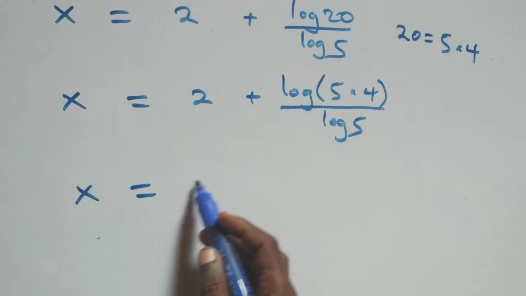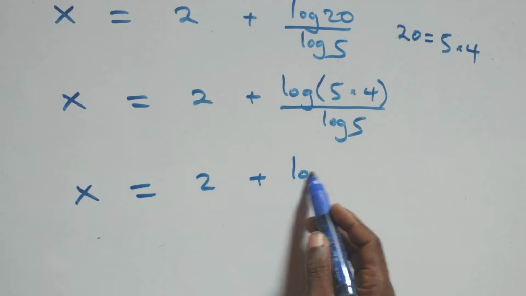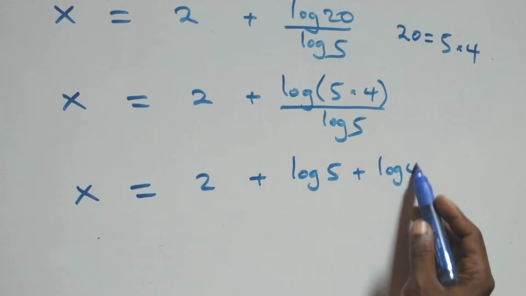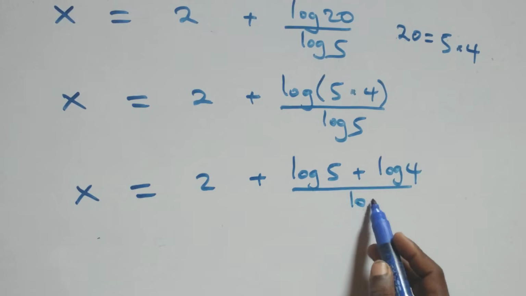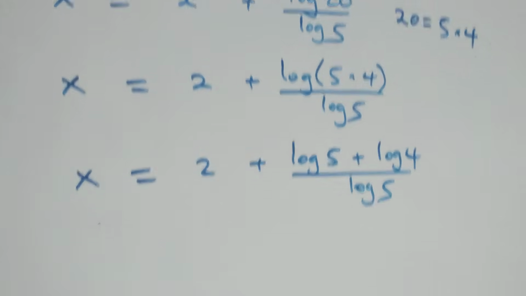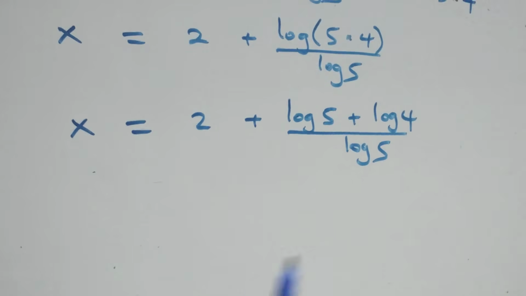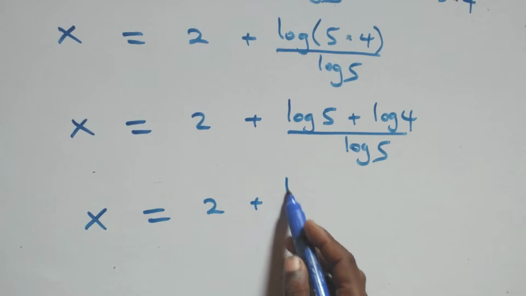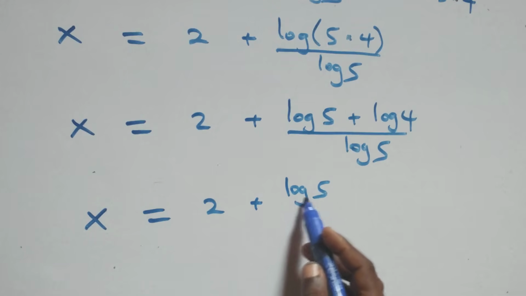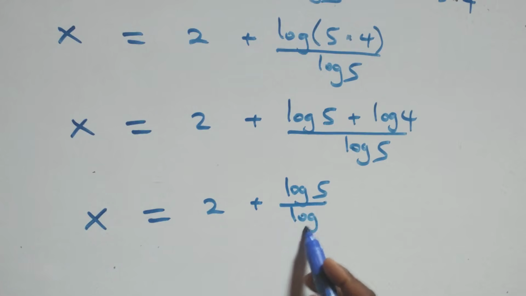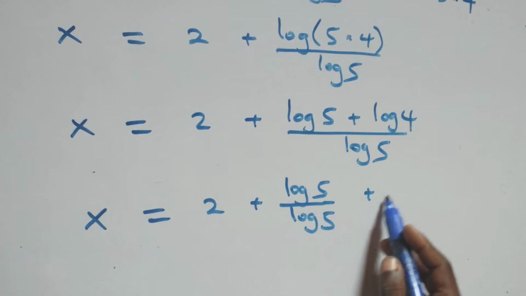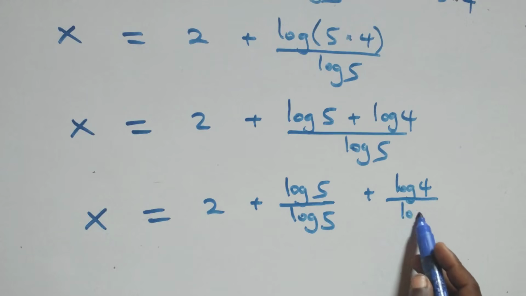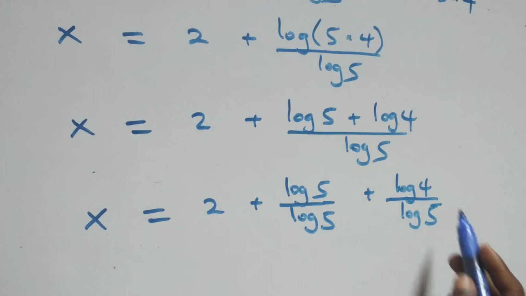We have x equals 2 plus log 5 plus log 4 over log 5. We separate this into two fractions: x equals 2 plus log 5 over log 5 plus log 4 over log 5.